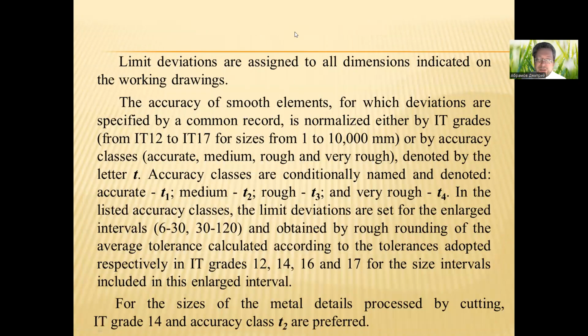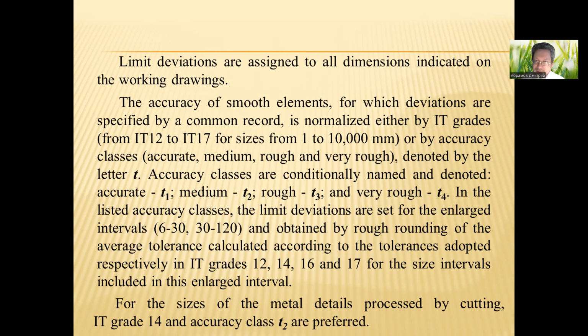Limit deviations are assigned to all dimensions indicated on the working drawings. The accuracy of smooth elements for which deviations are specified by a common record is normalized either by IT grades from IT 12 to IT 17 for sizes from 1 to 10,000 millimeters, or by accuracy classes: accurate, medium, rough, and very rough, denoted by the letter small t.